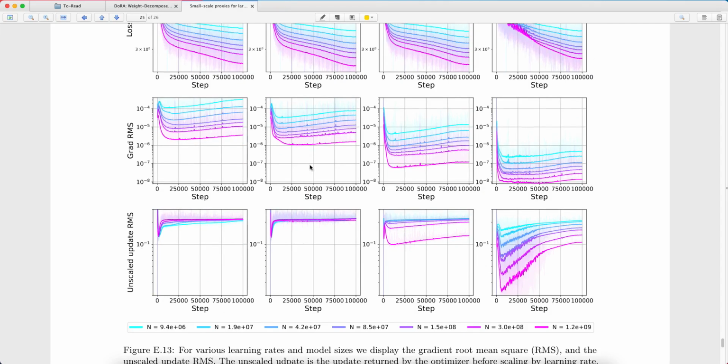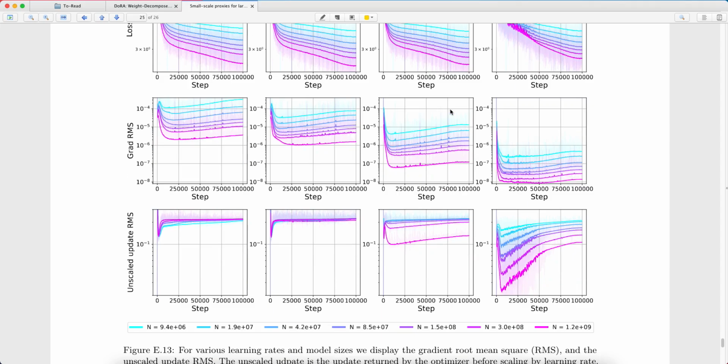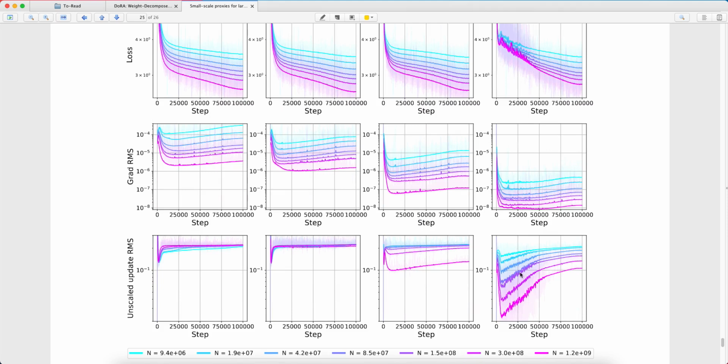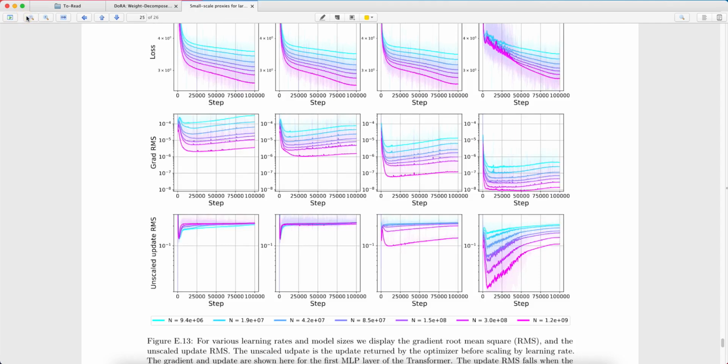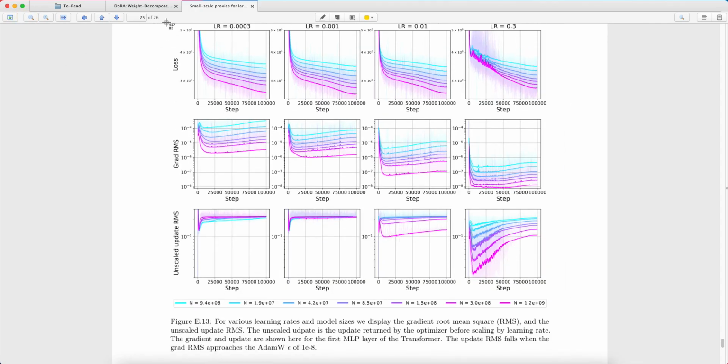So grad RMS, when it approaches 1e-8, is going down. So, okay, here's different learning rates. The update falls. So this seems to be a relationship between learning rate and unscaled update, I think. Let's just see. Let's ask.